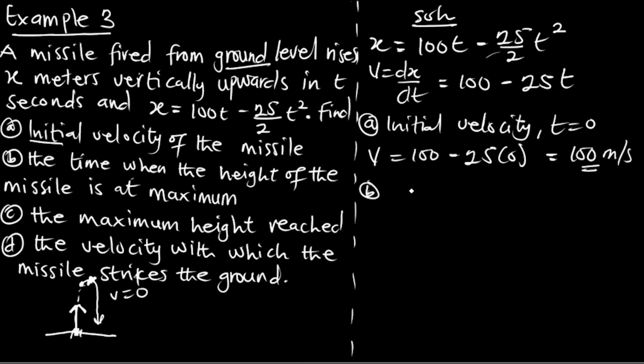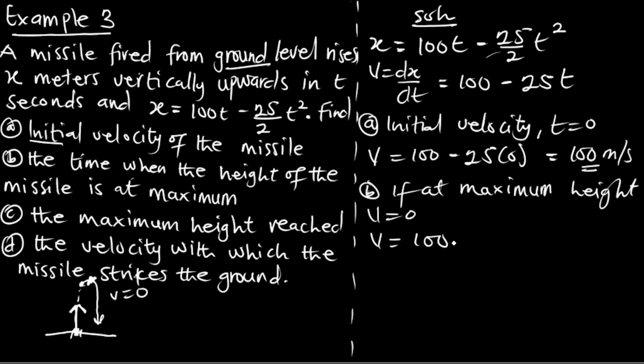So for B, you have to get this idea before you start. If at maximum height our velocity is equal to 0, then we can get the time from the velocity equation. So we know that our velocity now is equal to 100 minus 25 t, and v is 0.